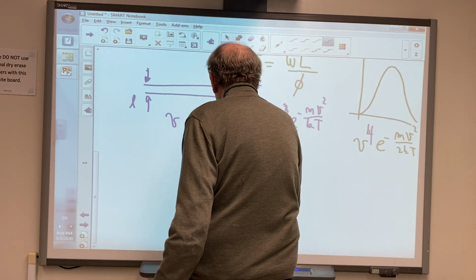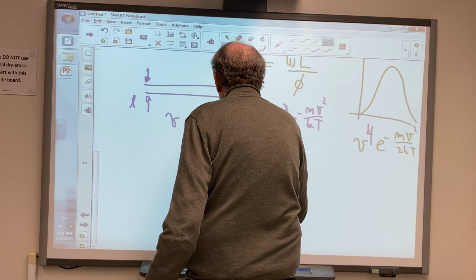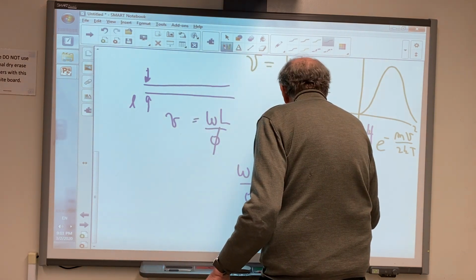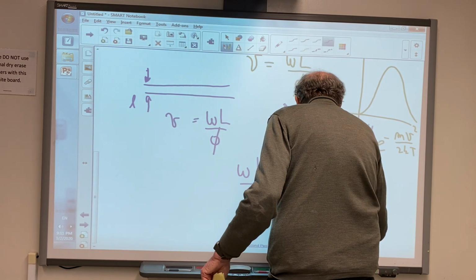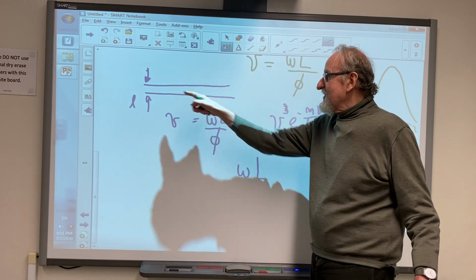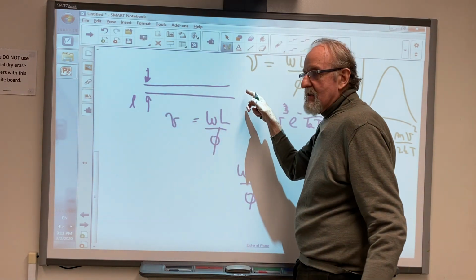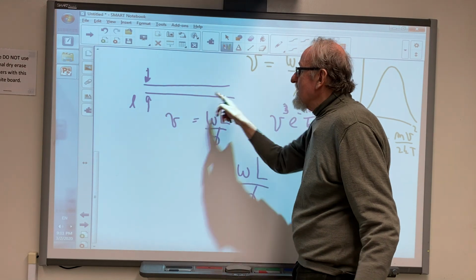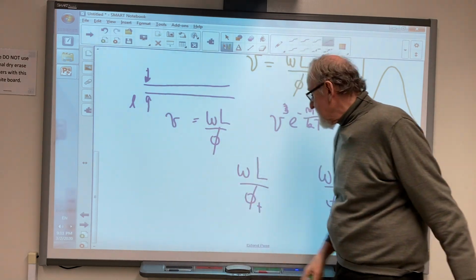So you are counting the molecules between omega L over phi plus and omega L over phi minus, where phi plus is phi plus a little extra. Phi would be if they go straight. Phi plus is if they go straight but they end here. Phi minus is if they end here.